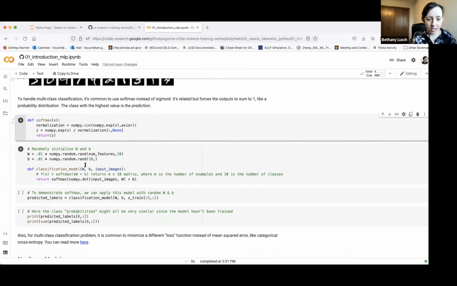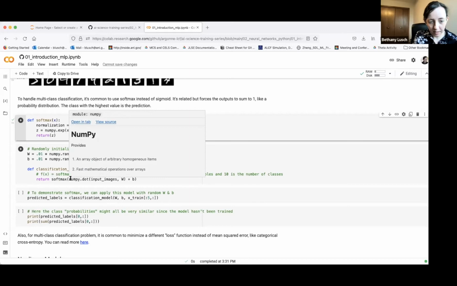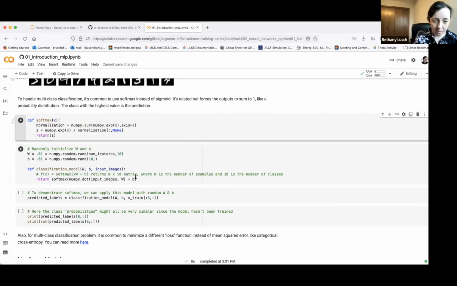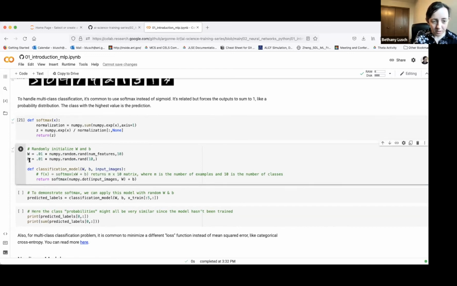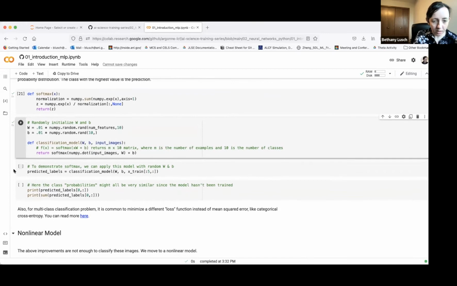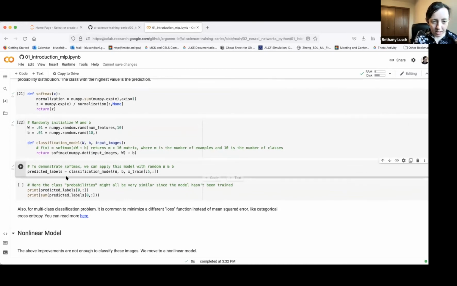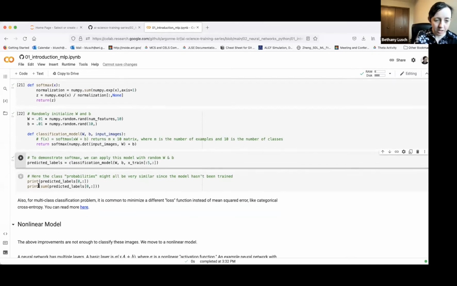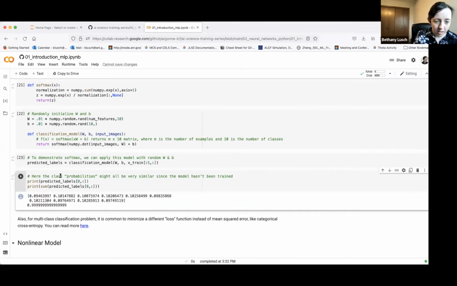And to demonstrate how this looks in math, here I've updated our model to be that we multiply by W, add the bias, and then apply softmax. And I'm going to start with just a random initialization of W and B. And we can apply that model to some of the examples and print the output, just so you can see what I'm talking about.